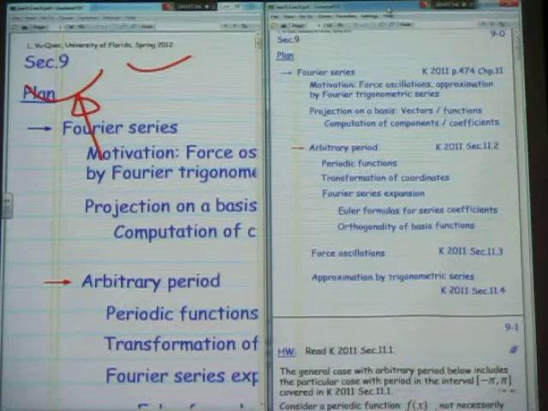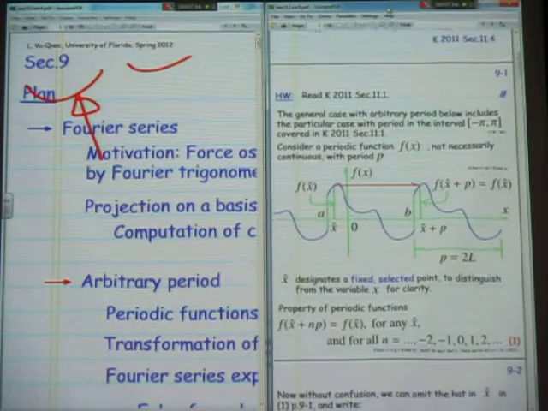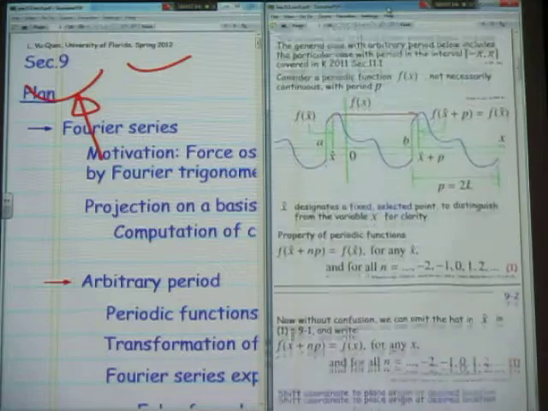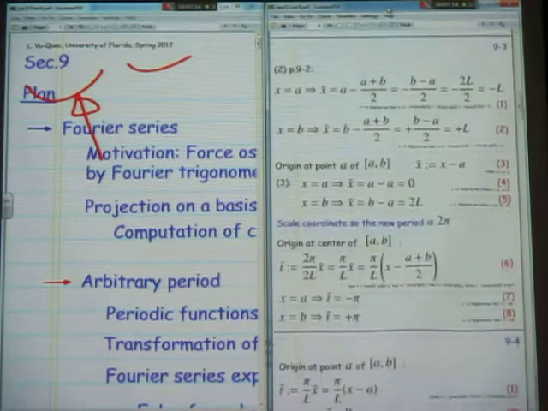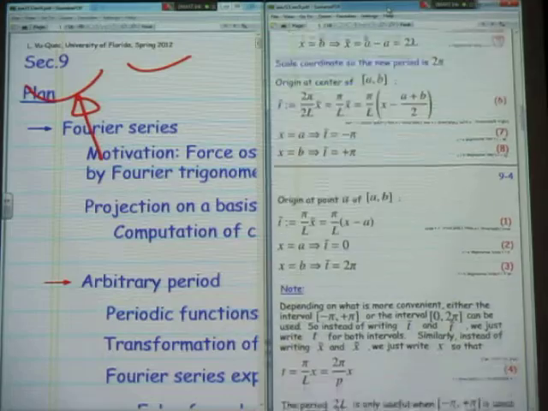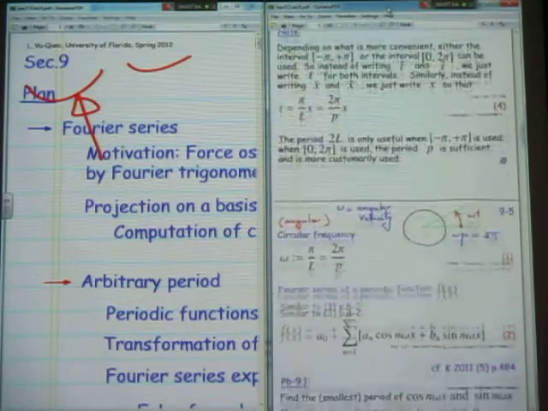Okay, so periodic functions, I already mentioned. We'll come back to this later. Okay, more theoretical aspect. I'd like to point out the following important formulas.